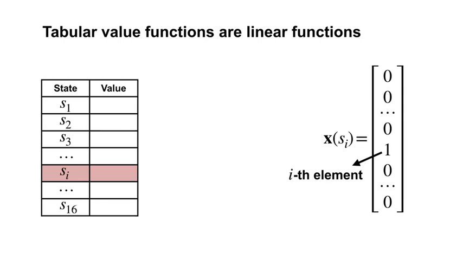We have 16 features, 1 for each state. Let's compute the approximate values for a state with these features. Since all the features are 0 except for one of them, the inner product is equal to the single weight associated with that state. Since every state's value is represented by a separate weight, this is equivalent to a tabular value function.